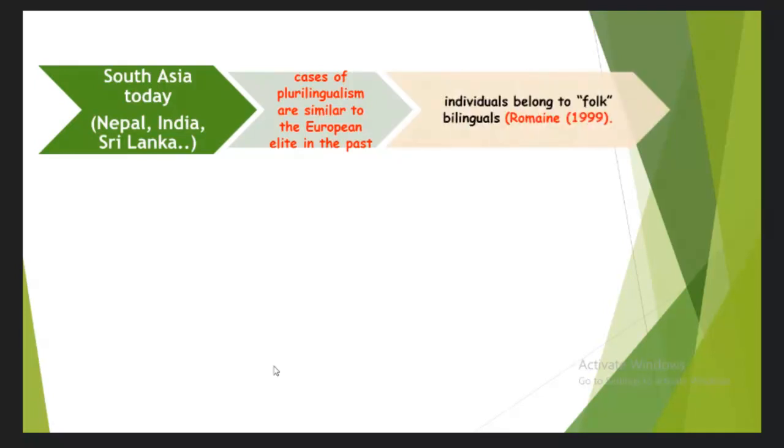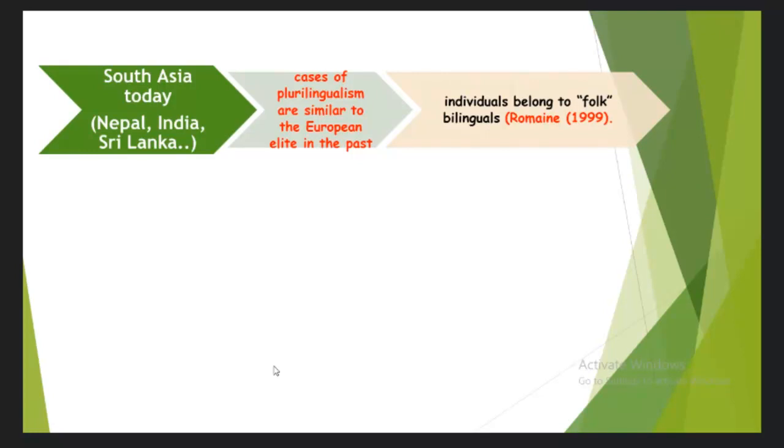But most of the individuals are folk bilinguals. So I want to distinguish two terms here: elite bilingualism and folk bilingualism. What are the differences between them?